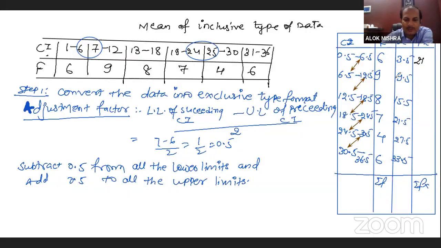Next one is 85.5. 124. 140, 50.5. Just check the calculation. I may be wrong. Normally I write the wrong value so that you make a correction. You don't copy it blindly.